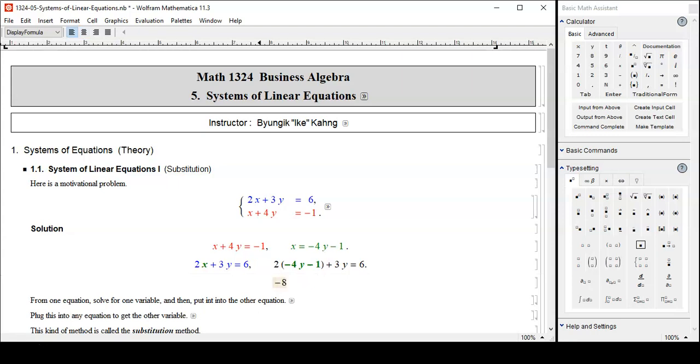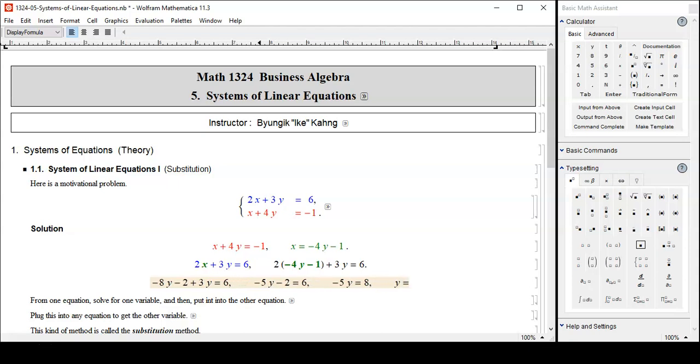Well, let's go ahead and do this. Negative 8y minus 2 plus 3y equals 6. Did I do this right? Taking the like terms together, negative 5y minus 2 equals 6. Negative 5y equals 6 plus 2, so that's 8.